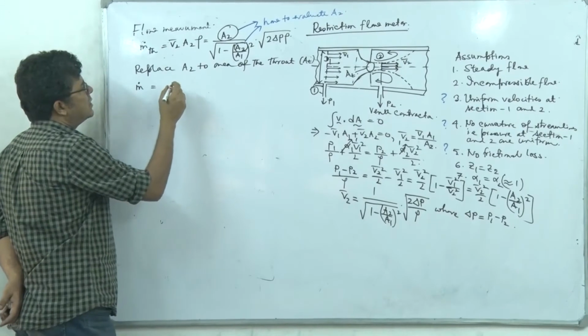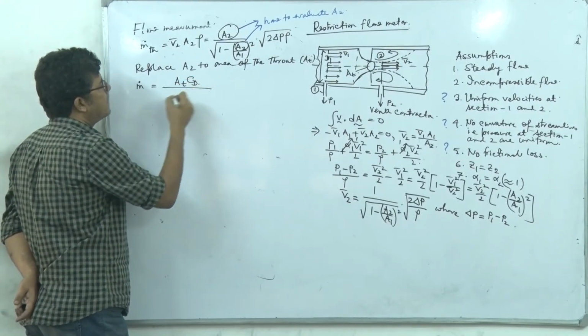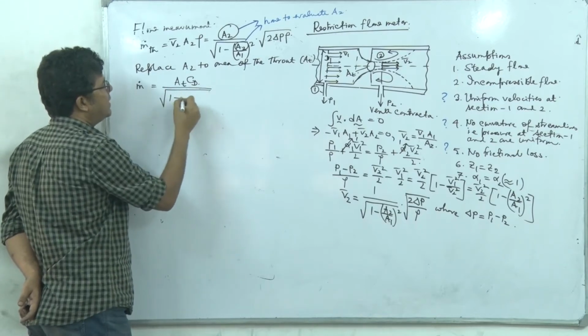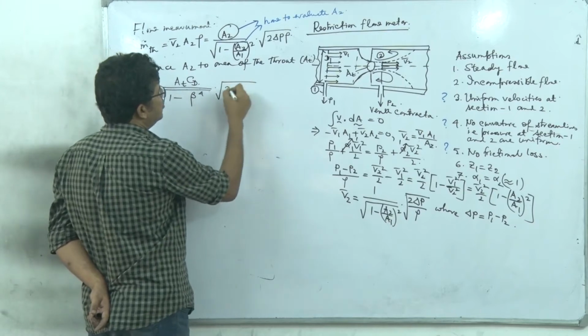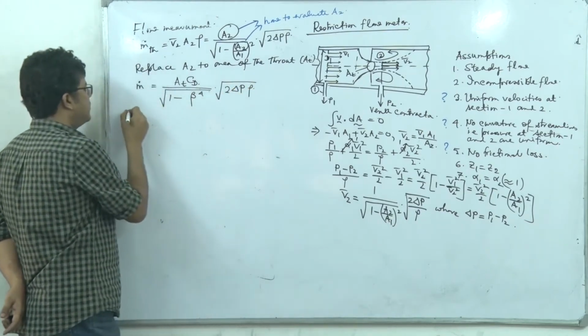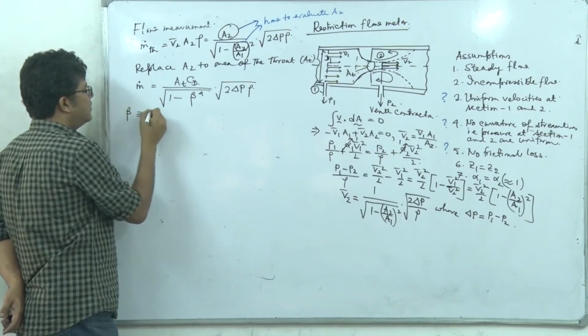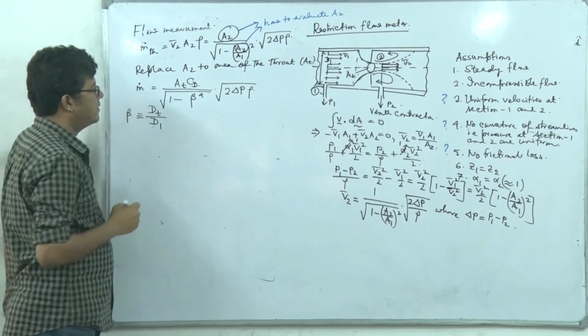So we will write that m dot equals AT into CD divided by root of 1 minus beta to the power 4, I will explain what it is, into root of 2 delta P into rho, where beta is basically dt by d1, right?